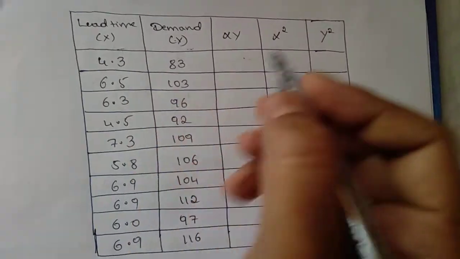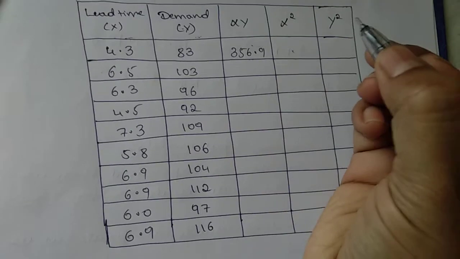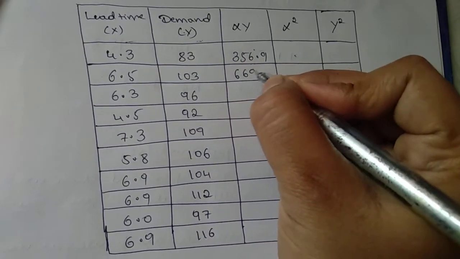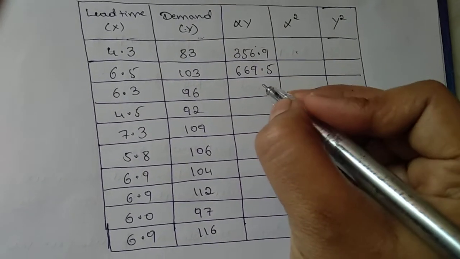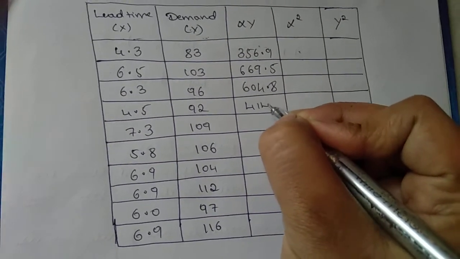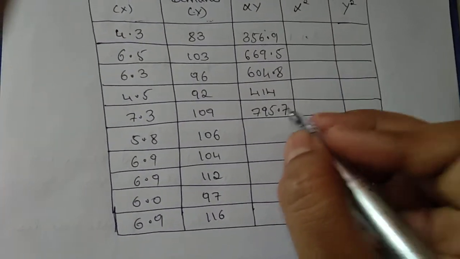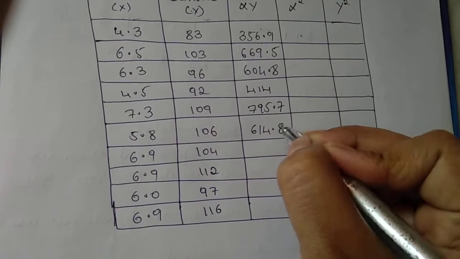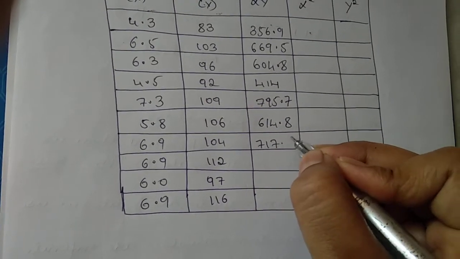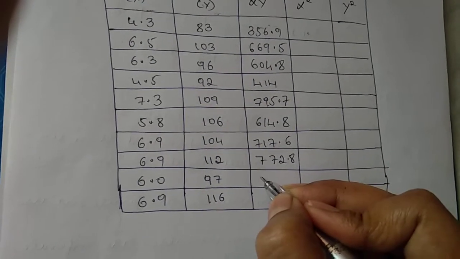For xy, 4.3 into 83, you will get 356.9, and then 65 into 103, you will get 669.5. Likewise, I have to calculate for all the values. While calculating, you should be very careful, because all these values will give you the proper output. If any of the values is wrong, even if it varies by 1 or 2 digits, then the entire answer will be wrong. So you should be very careful.